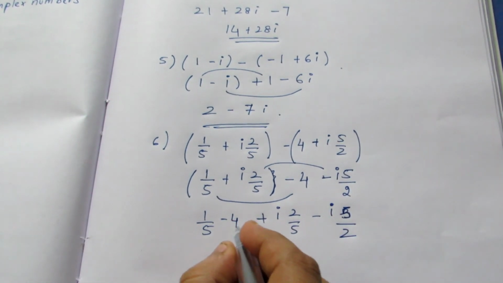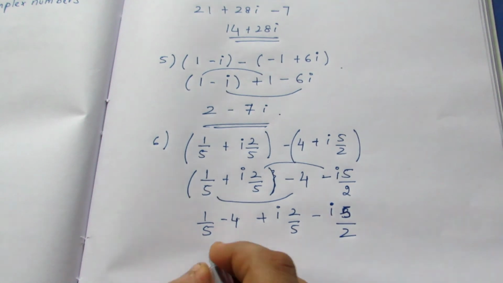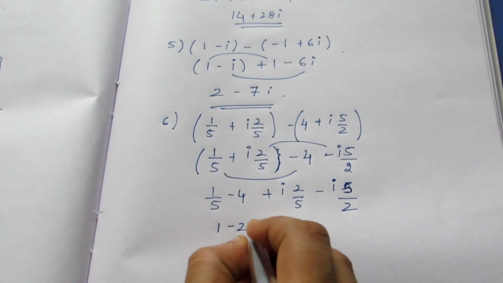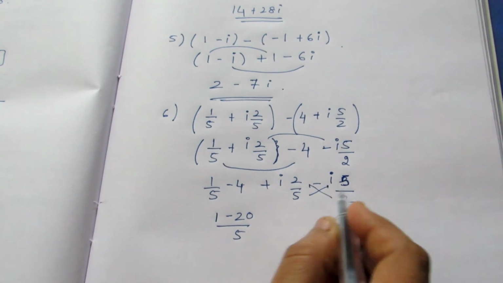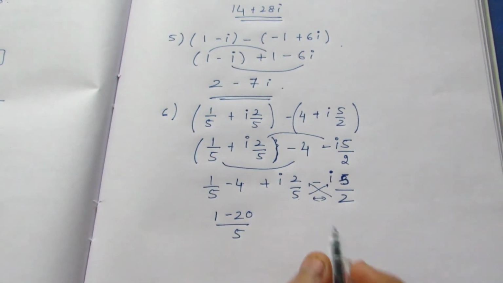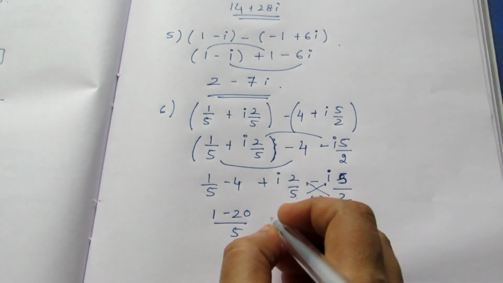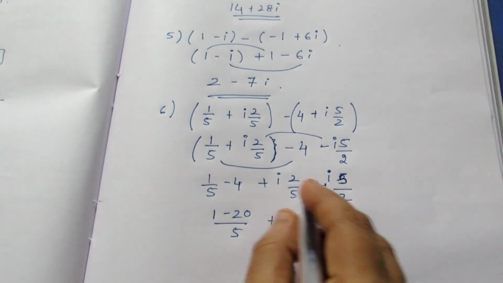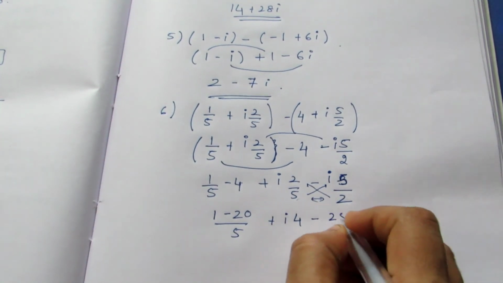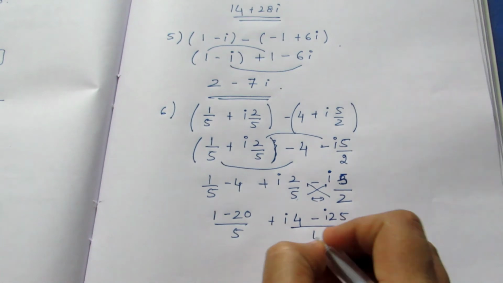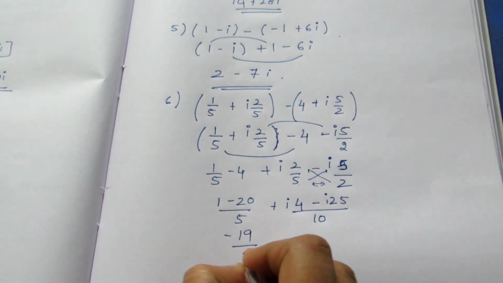Now taking LCM, if there is only 1, you can directly multiply with and subtract. This becomes 1 minus 5 4s are 20 by 5. Here just cross multiply for taking LCM, and multiply the denominators. Here it becomes plus i. If I multiply this 2, it becomes 2 2s are 4 minus 5 5s are 25i by 5 2s are 10. This becomes minus 19 by 5.